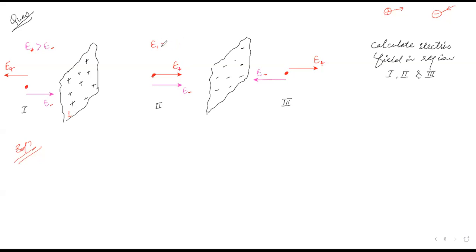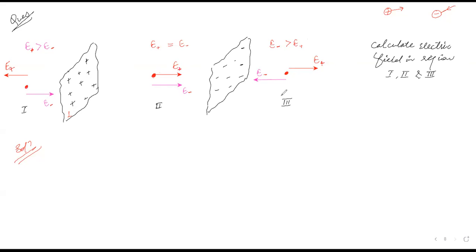Am I right? Why? The separation from both sheets is the same. Region 3 is closer to the negative charge, so E minus is greater as compared to E plus.